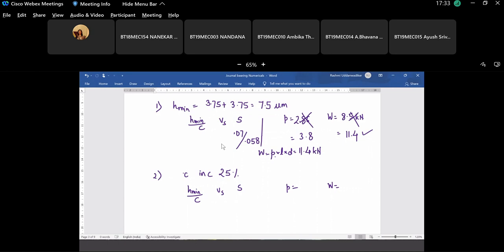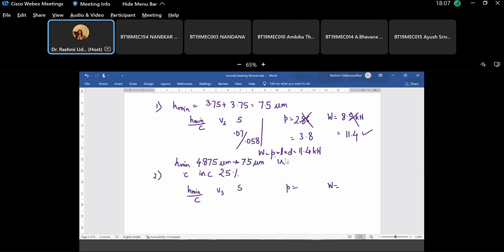So when H minimum was increased from 4.875 micrometers, the value of H minimum changed from 4.875 micrometers to 7.5 micrometers.